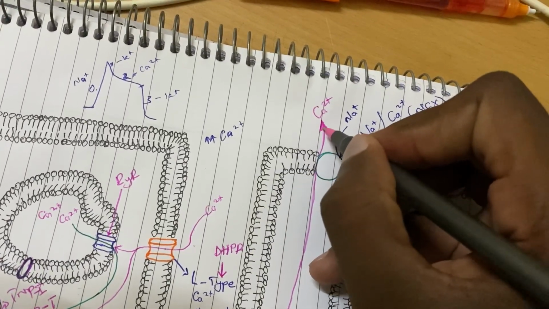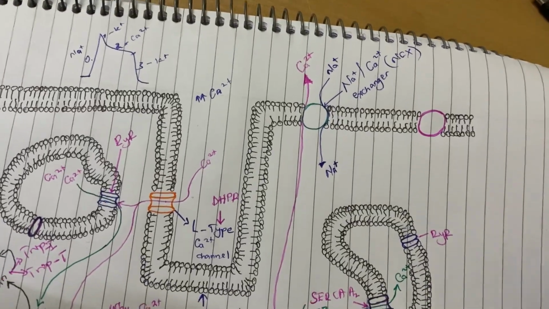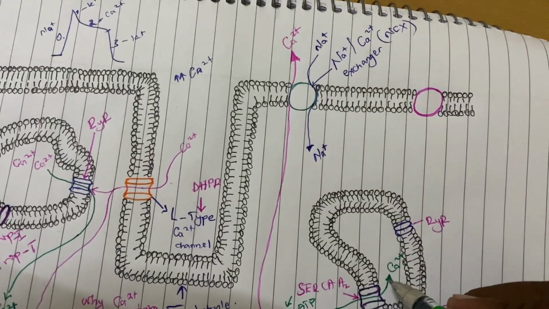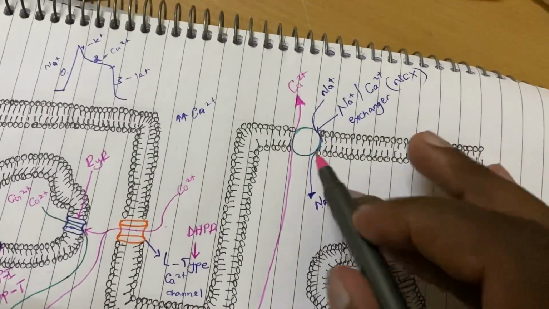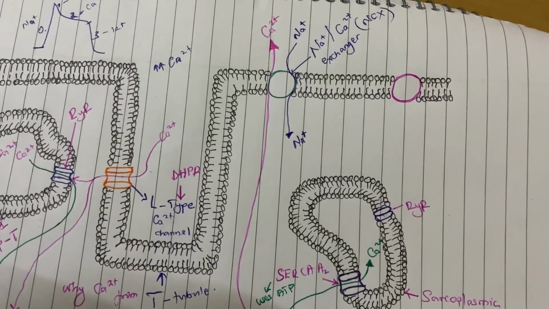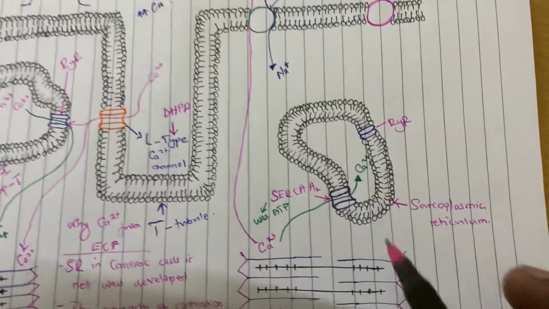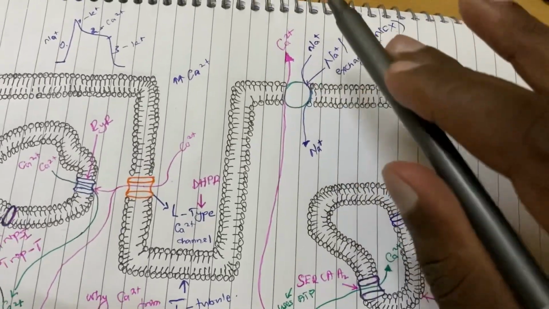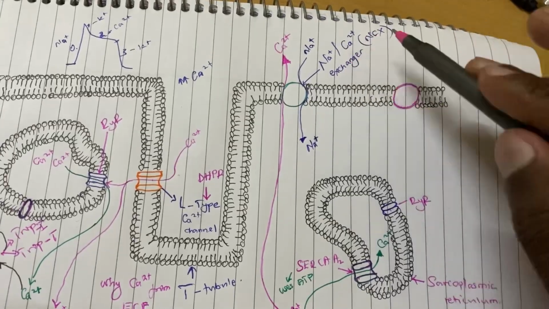That's what the sodium calcium exchanger does. So that one is finished. So two ways to eliminate calcium. One, pump it back by force into the sarcoplasmic reticulum. Two, take it outside to the extracellular fluid through the sodium calcium exchanger.